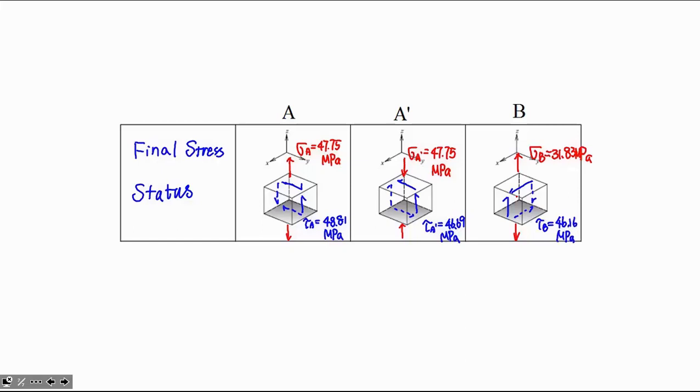After you summarize them together, you can find out that at the same cutting point, at different locations, we actually have totally different stress cubes and stress elements. If we are trying to convert it to 2D, for point A, you just need to take a look from the X direction or negative X direction.